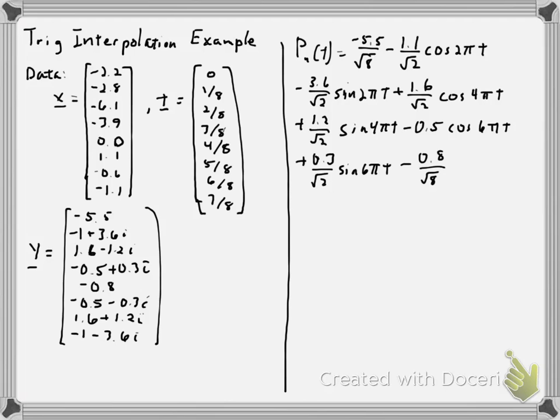And now this is times cosine of 8 pi t. So this is our trigonometric interpolant for that data. And if you look at figure 10.6, it shows a plot of this trigonometric interpolant along with the 8 data points.